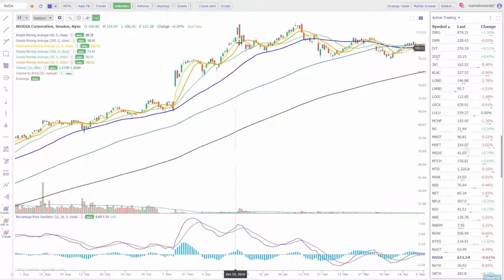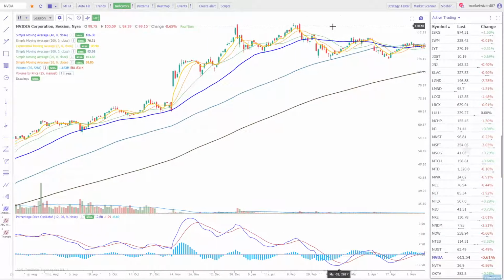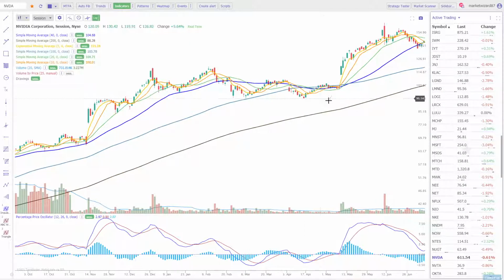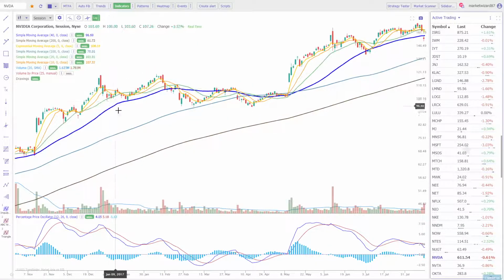These are your go-to entries. And as you can see, she just kept going. So from 20 to 120 bucks. Another little ABC flat right here. As you can see, this time the distance between the 40 and the 200 was getting too far, and as a result, time was required for this correction.